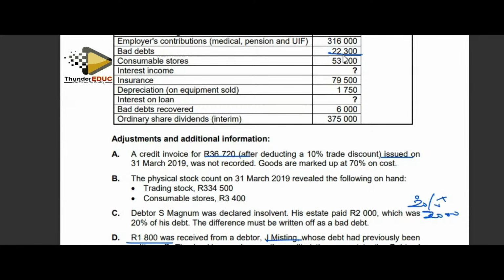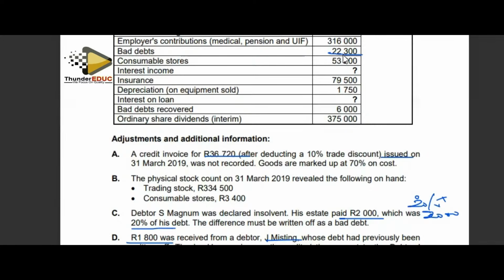Is it? His estate paid 2,000. Oh, sorry. We are making a mistake here. His estate paid 2,000, okay? So we don't know the debt, but they only paid 2,000, which was 20% of the debt. So we have to determine the debt. So how are we going to determine this debt?